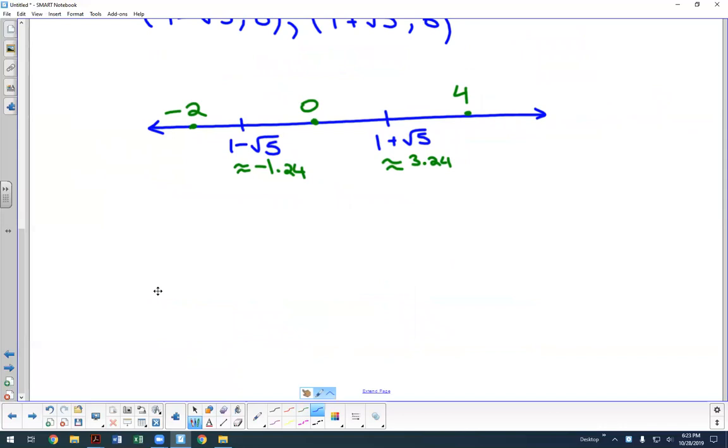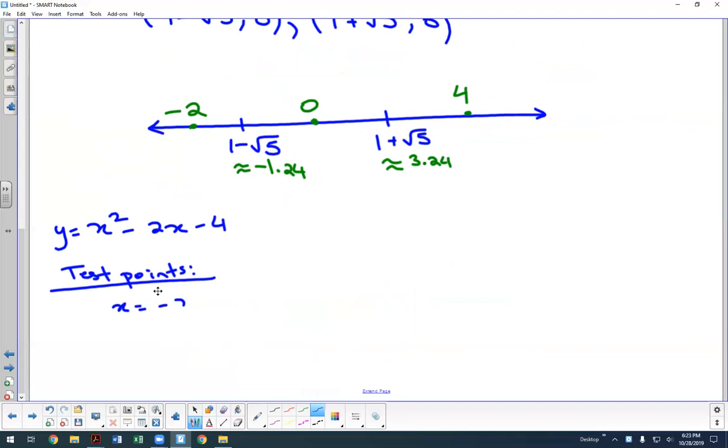Now, we need to test and see what they are going to be in our equation. Our equation is x squared minus 2x minus 4. We need to check and see, am I going to get a positive or a negative value when I put these test points in? So with our test points, let's start with x equals -2.